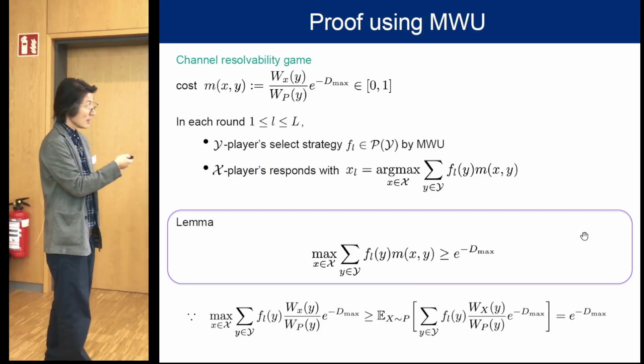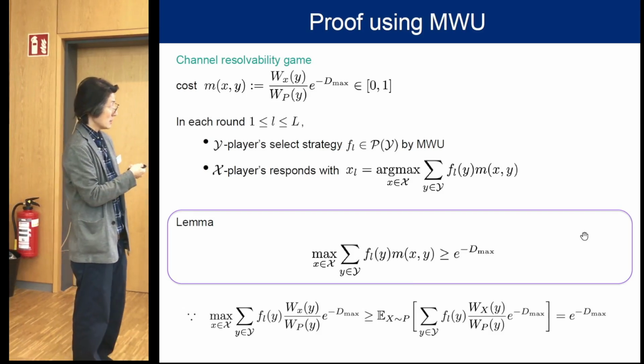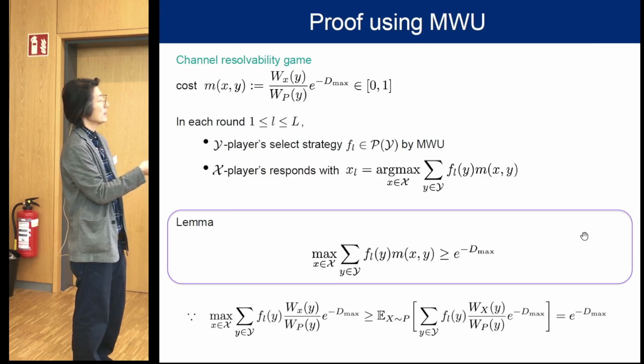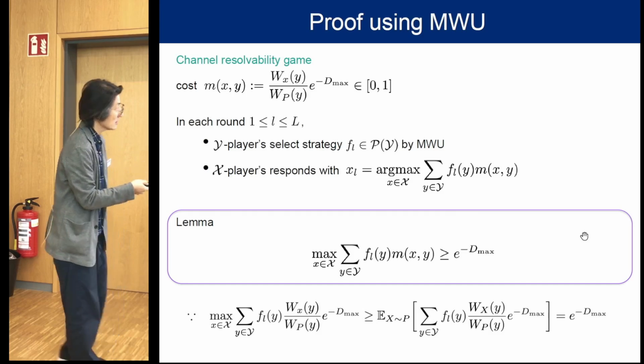And this can be easily verified because this max is at least as large as the expectation with respect to distribution P. And if we take the expectation of this with respect to P, this will be WP, and so this cancels. And FL is just a distribution, so we just sum, and it is 1, so we get e to the power minus d max.